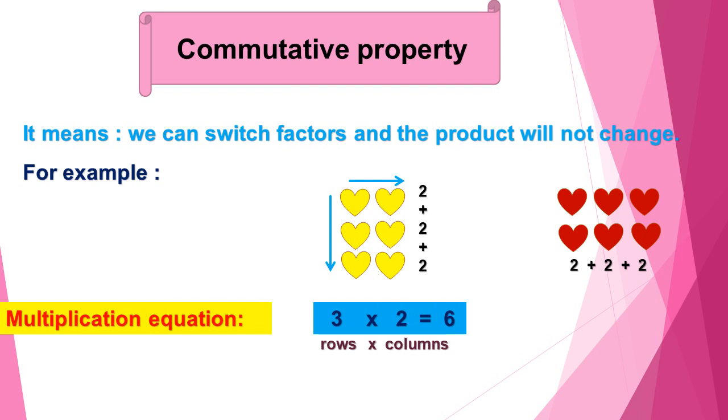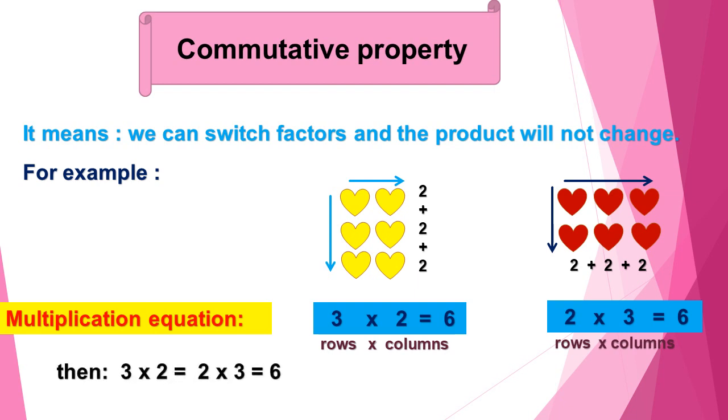The second array, we write number of rows times number of columns. Number of rows here is 2 and number of columns is 3. Then we write 2 times 3 also equals 6. Then we deduce that 3 times 2 equals 2 times 3 equals 6.